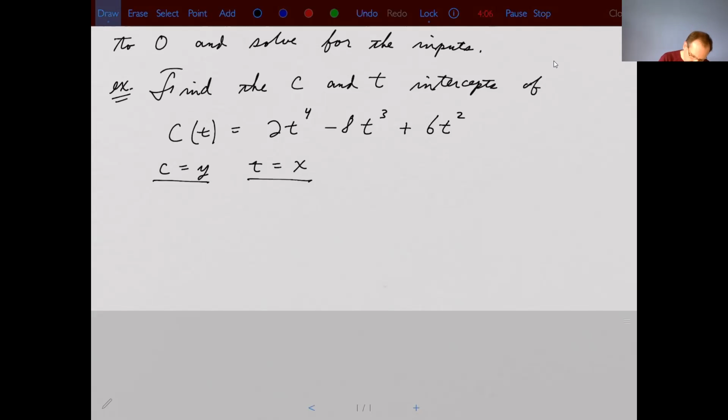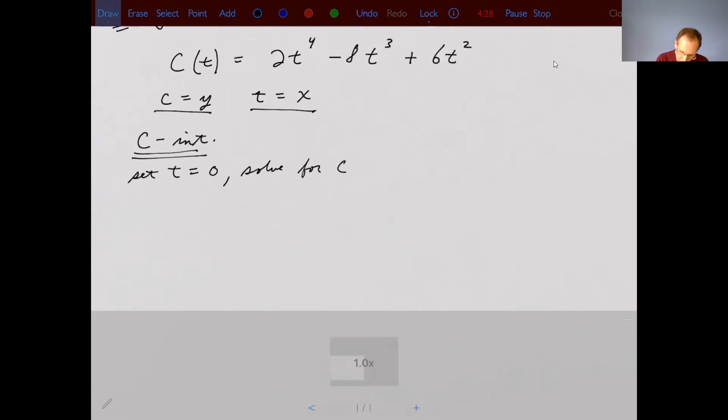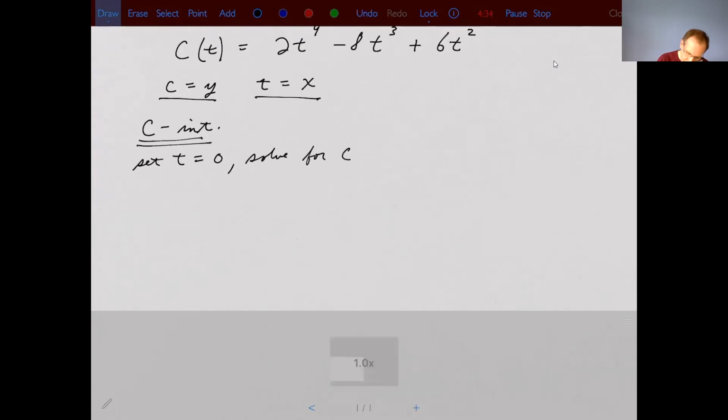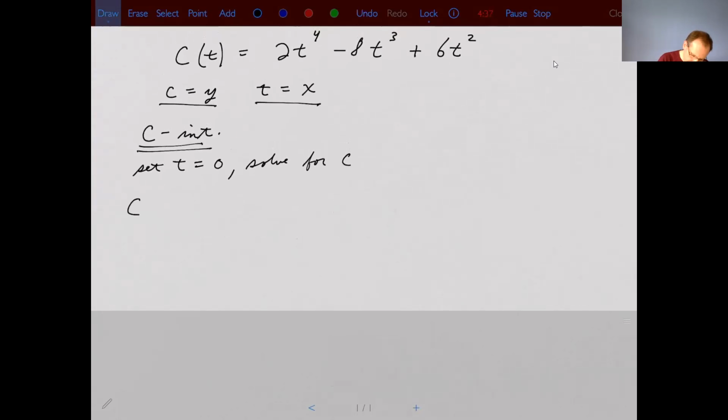So if I want to find the c-intercept, then I would set t equal to 0 and solve for c. So I would make the input 0 and solve for the output value, which is the function value. So in this case, I would have c evaluated at 0.